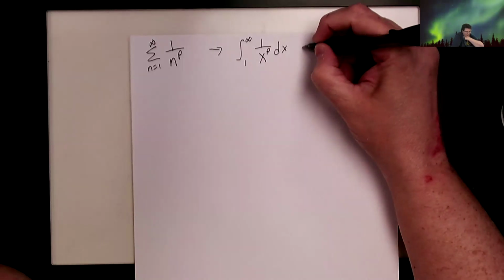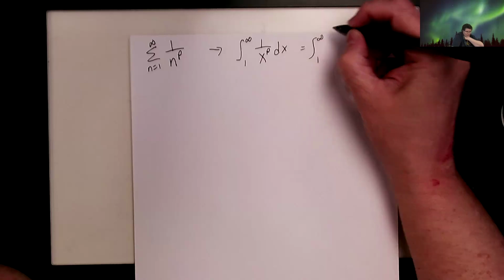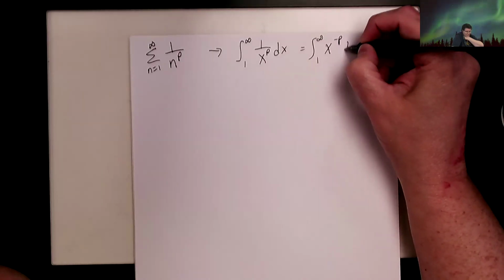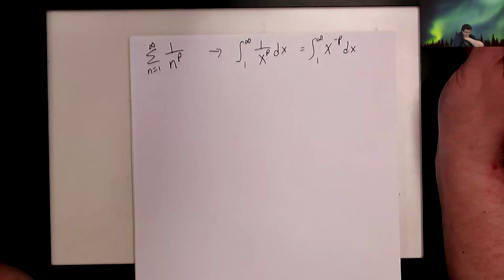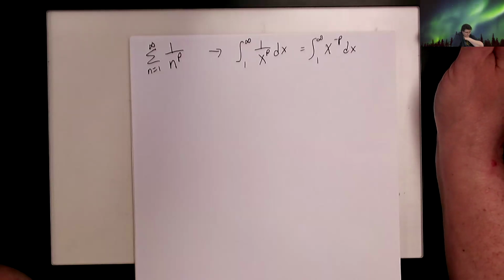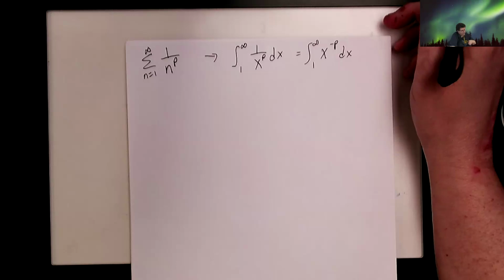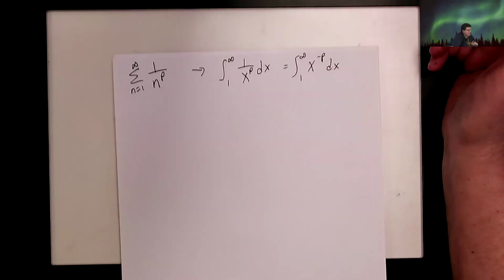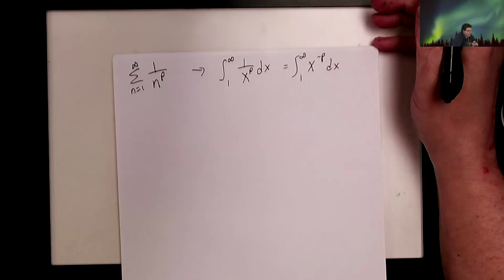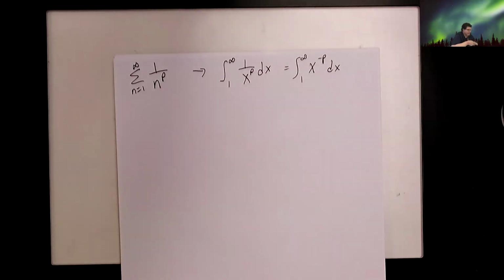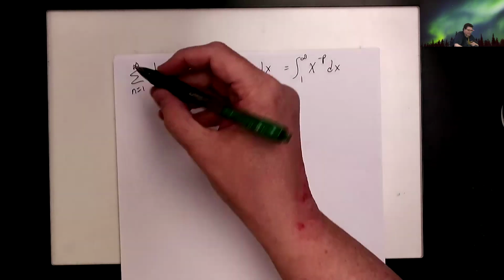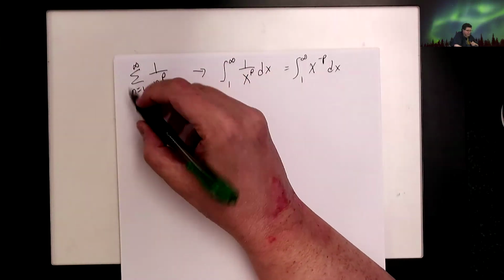This might be easier to look at if I say x to the negative p dx. What type of integral is this? It's an improper integral, because we have a limit of infinity.